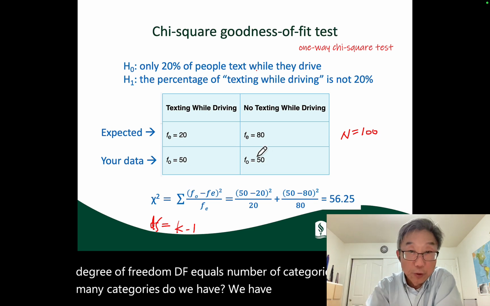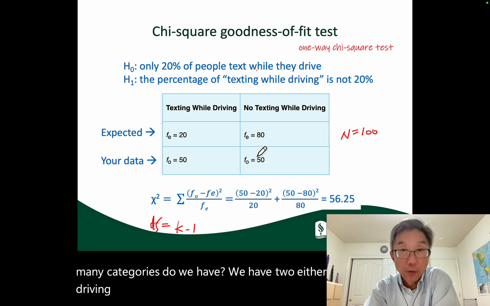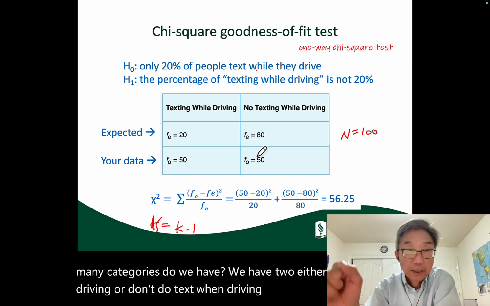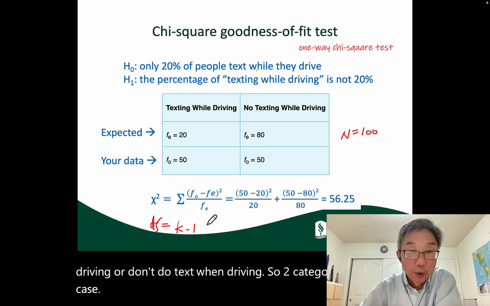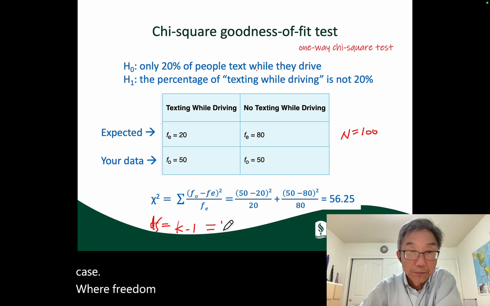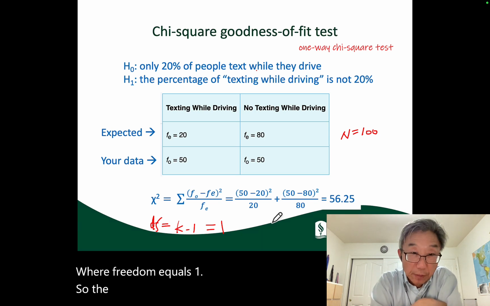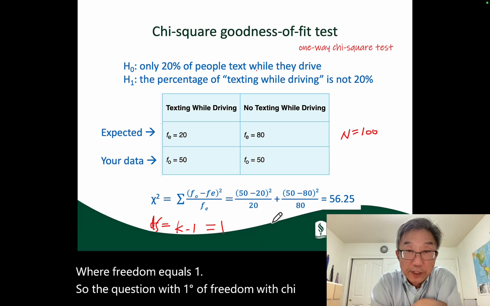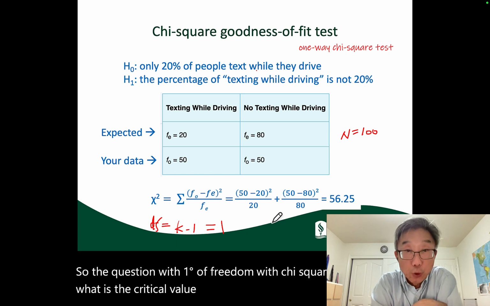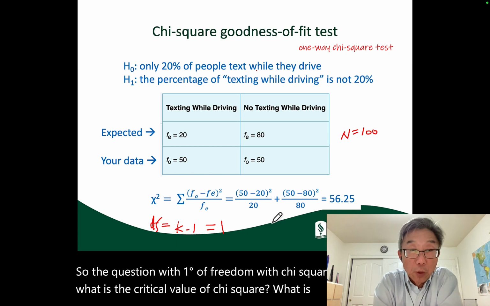Either text when driving or don't text when driving. So 2 categories. So in this case, degree of freedom equals 1. So the question, with 1 degree of freedom, with chi-square equals 56.25, what is the critical value of chi-square? What is the region of rejection, right?